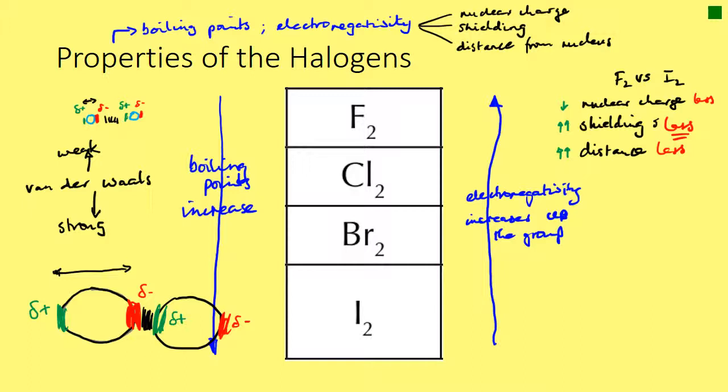If the electrons just happen by chance to be on one side, that leaves a positive charge on the other side, and because the distance is greater, the separation can be greater, and therefore the charge can be slightly larger. I tried to draw the delta minus slightly larger than with fluorine to illustrate this.